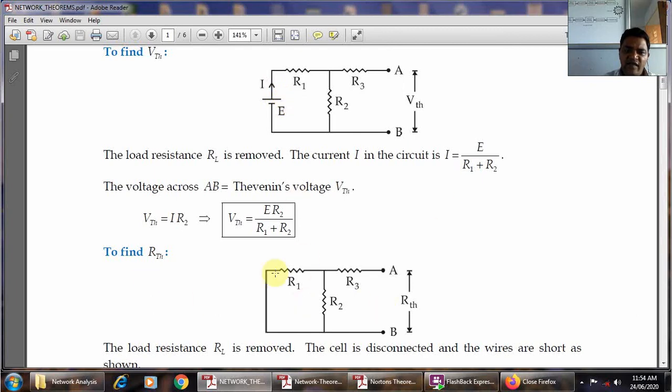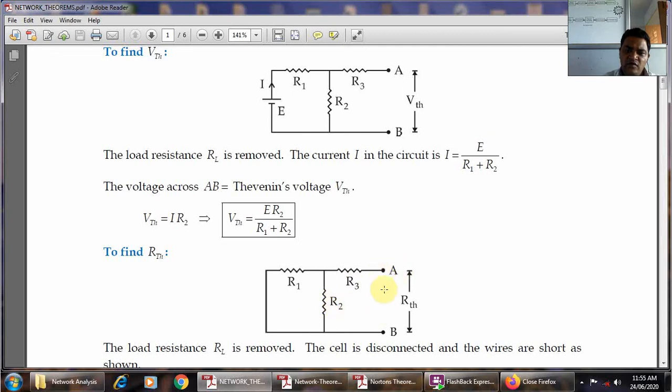Therefore RTH is calculated with the voltage source replaced by the short circuit, and let us assume that the current flows from A to B. Once the current comes from A, at this node the current is divided and flows through R1 and R2. That's why R3 plus R1 in parallel with R2.